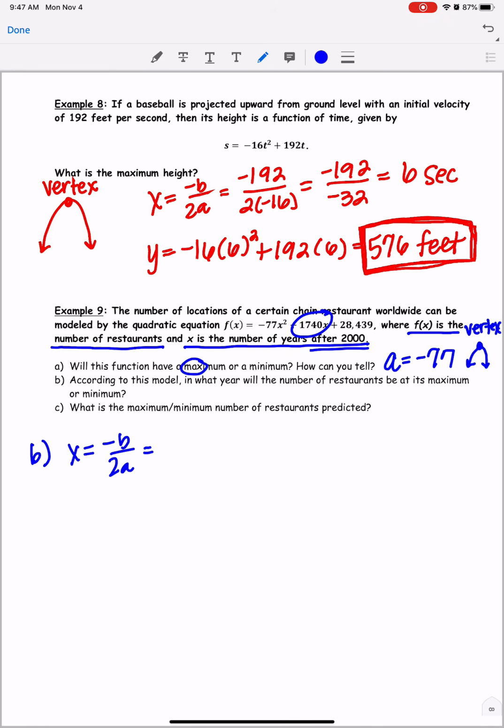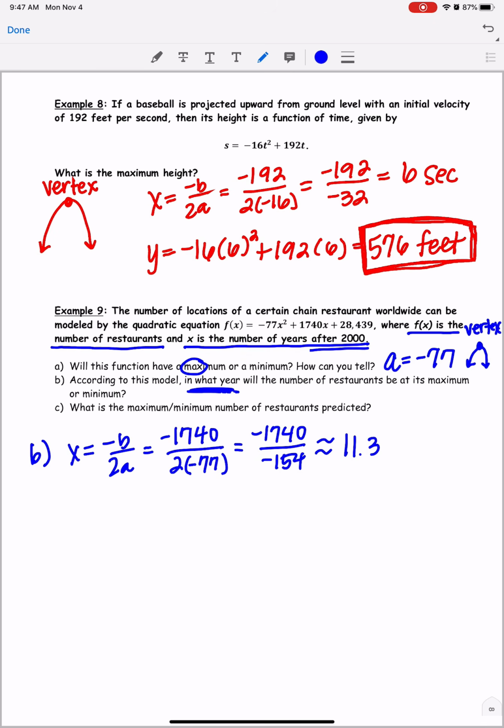My b is 1740, so negative 1740, all over 2 times my a, which is negative 77, so we get negative 1740 over negative 154, and when you divide, it doesn't come out evenly, but it becomes about 11.3.